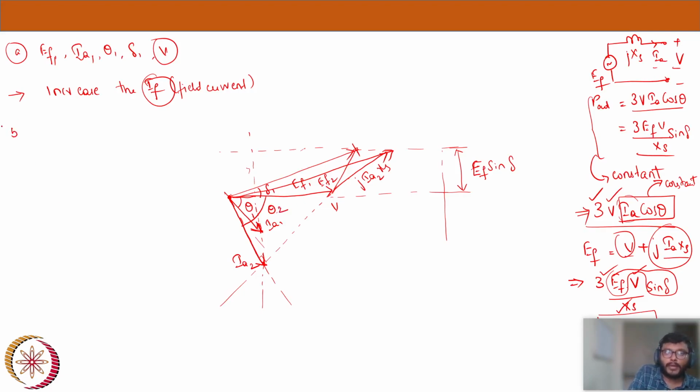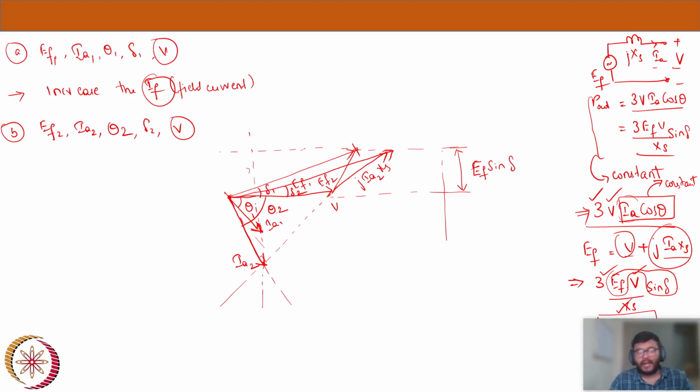Now, what are the operating points? First I have drawn EF2, and then I have drawn the jIA2XS drop. With that, I have found IA2, and then I have found theta 2. Once we draw EF2, we are already sure about delta 2. Delta 2 is the angle between EF2 and V, and V is always fixed.